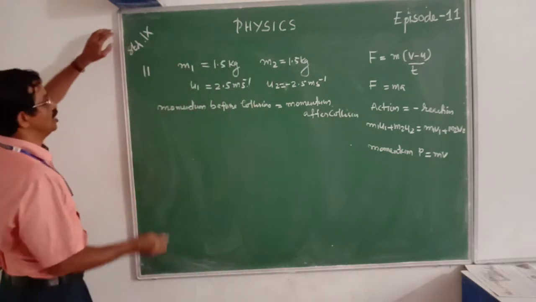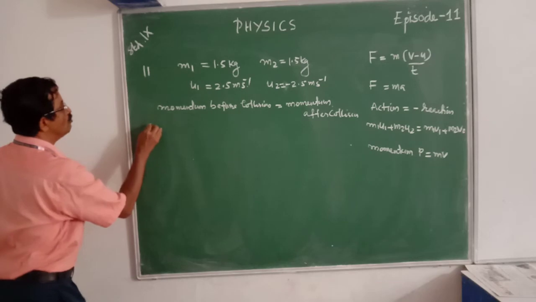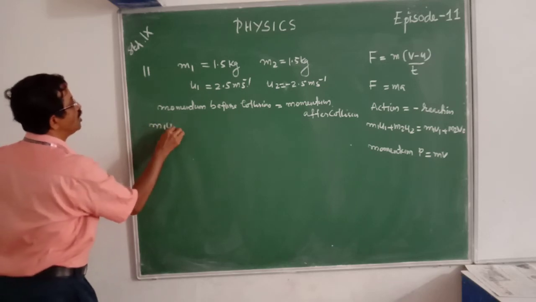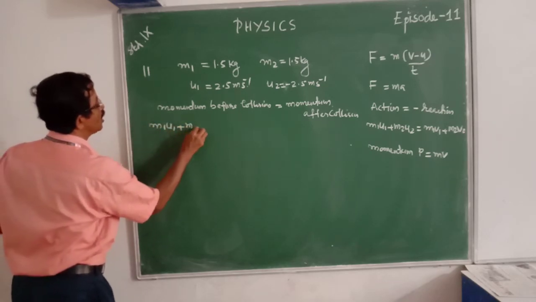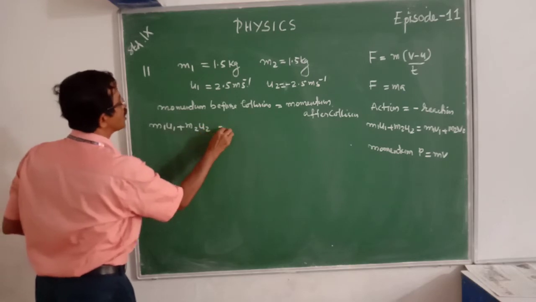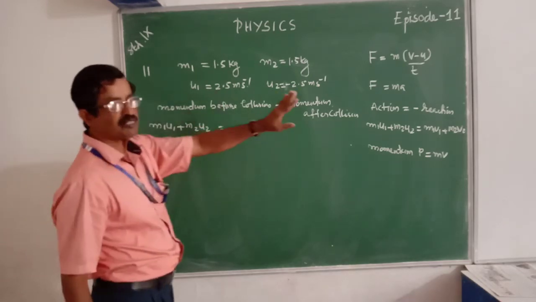Momentum before collision, that is m1 u1 plus m2 u2, is equal to momentum after collision.